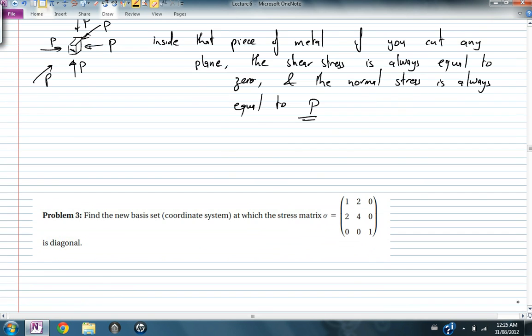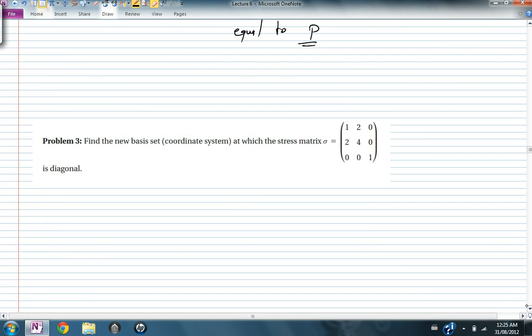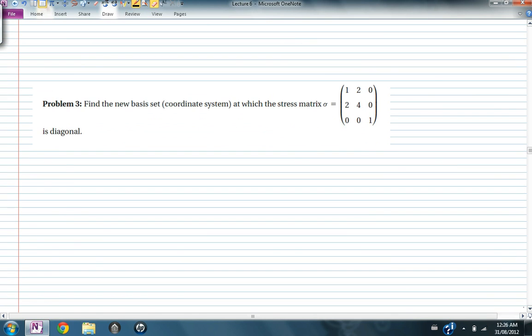So there are two more examples that you should look at or review in your book. The first example is, I have a symmetric stress matrix, and we need to find a new basis set at which the stress matrix is diagonal. Given e1, e2, and e3, sigma is given.